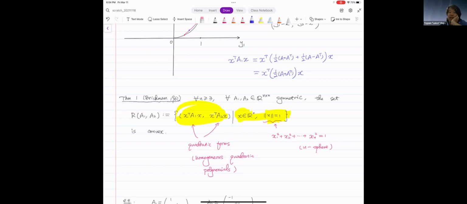So if we have a matrix that's not symmetric, I can reduce it to a symmetric matrix. As long as I am able to study symmetric matrices, I can answer the question for non-symmetric matrices as well.